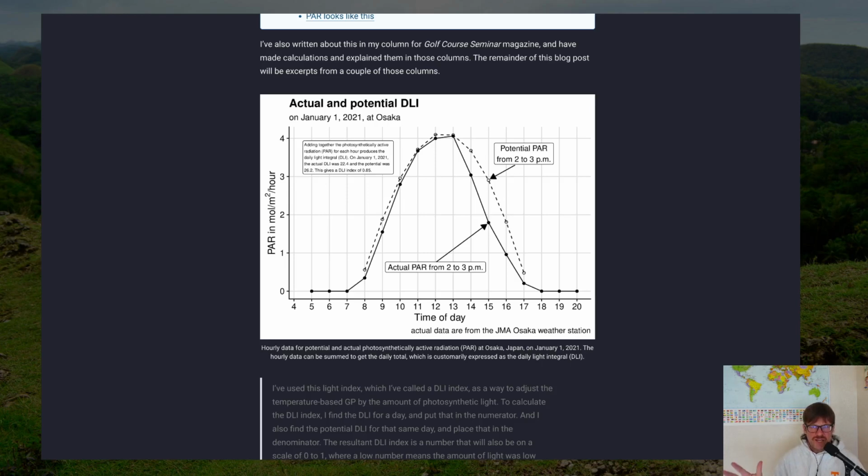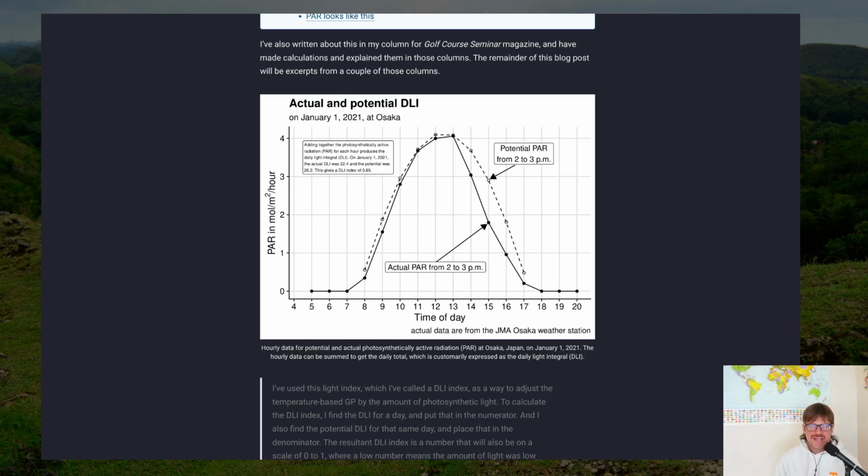So we're within 2 weeks of the shortest day of the year, and the actual DLI is in the 20s. And so it's pretty close to what would be an optimum DLI for creeping bentgrass. So it's not limiting so much.